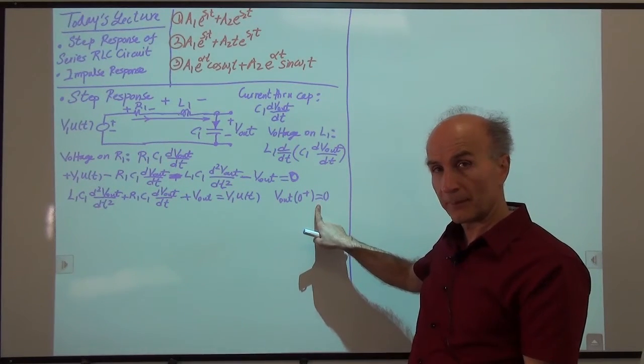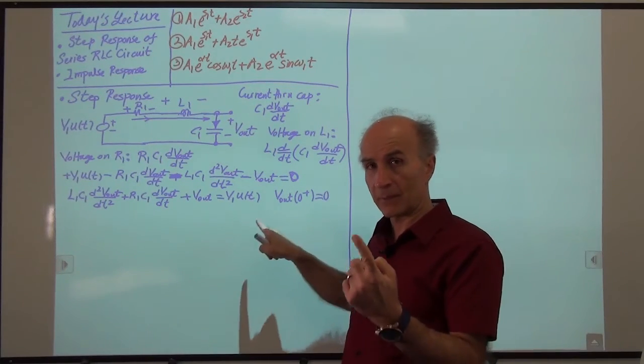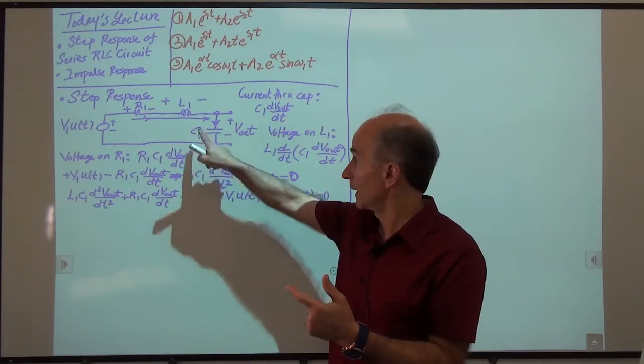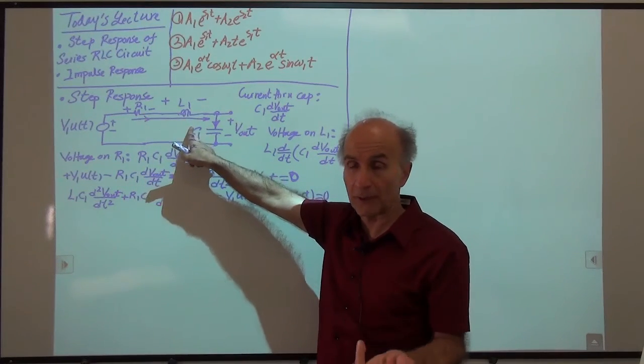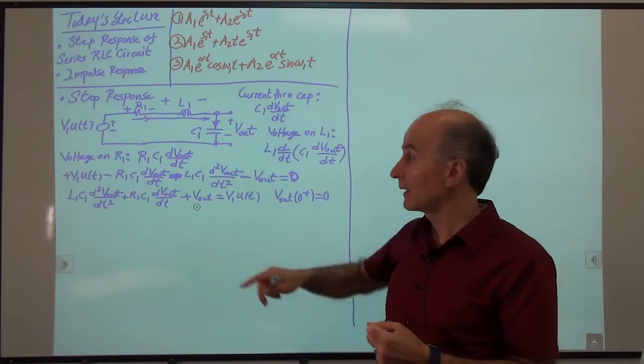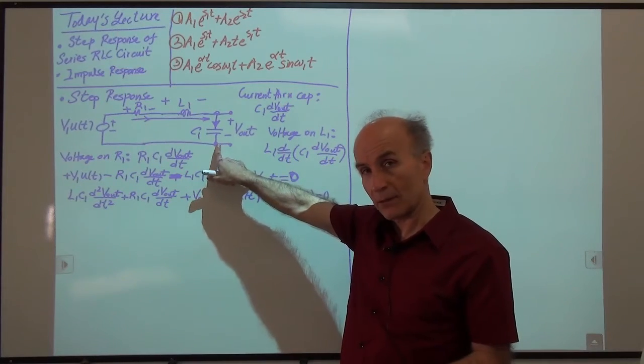What else do we know? Well, we know that the current through the inductor is also 0 at time 0 minus, and it has to be like that at time 0 plus, right? This looks like a short circuit, if you will. And from that perspective, I see that the current through the inductor is actually the same as the current through the capacitor.